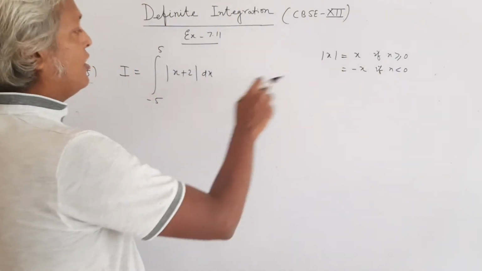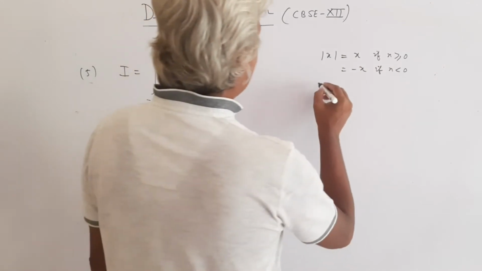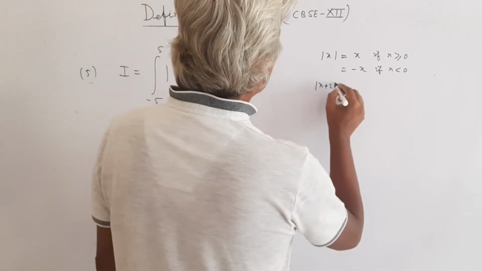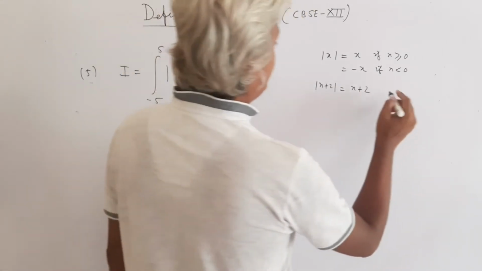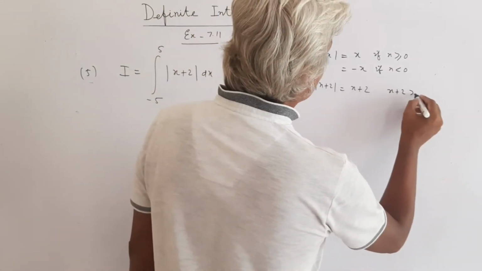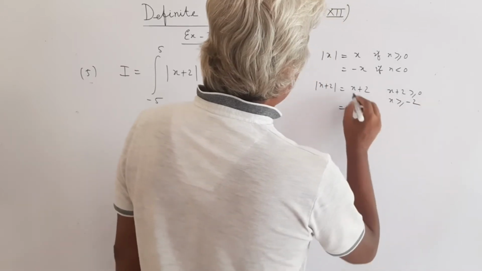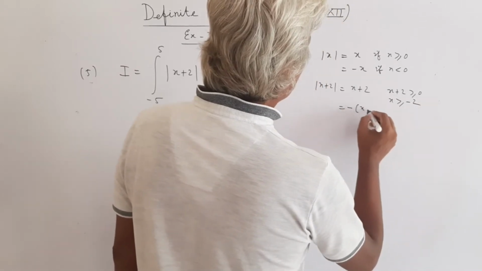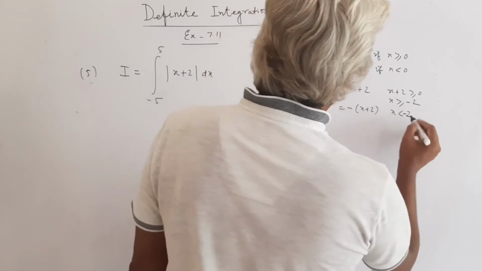Now we don't have mod x, we have mod of x plus 2. On the line of the very same definition, mod of x plus 2 is just x plus 2 if x plus 2 is greater than or equal to 0, that is x greater than or equal to minus 2, and the negation, that is minus x minus 2, if x is less than minus 2.